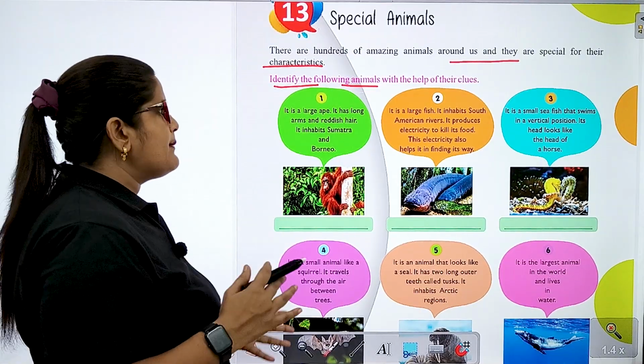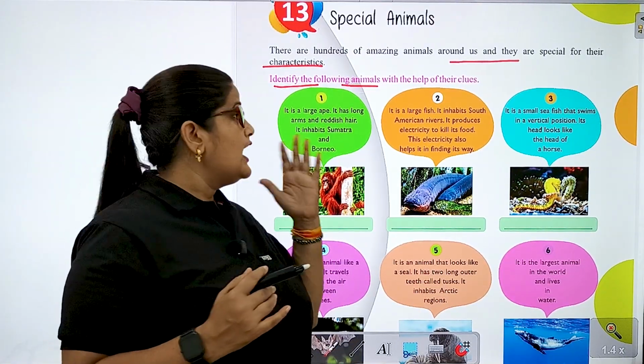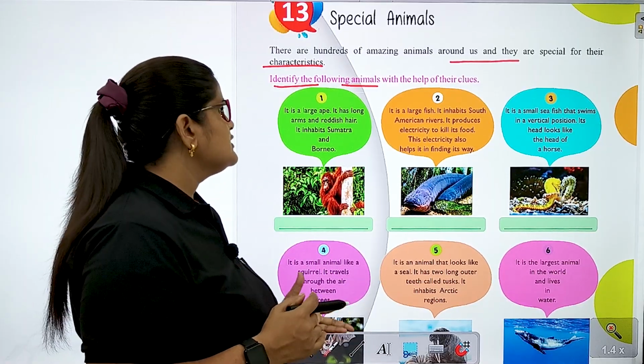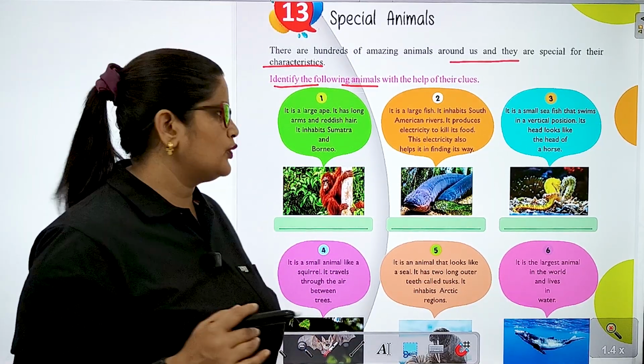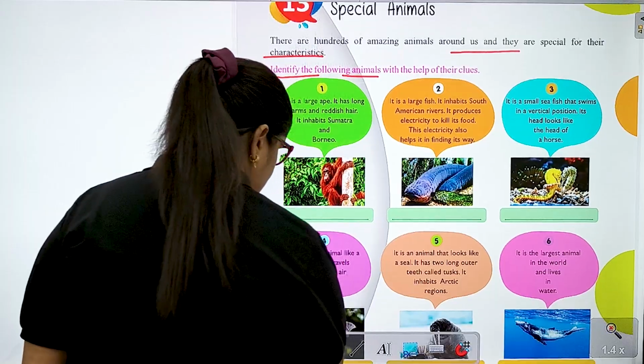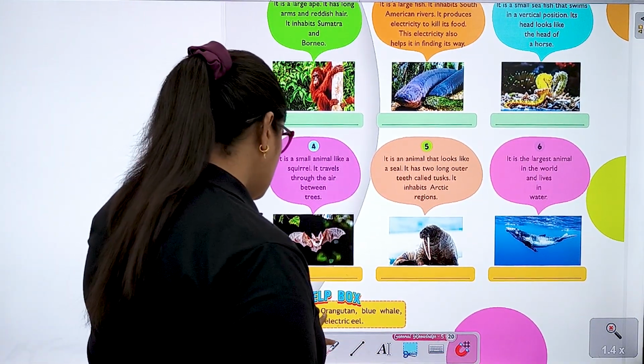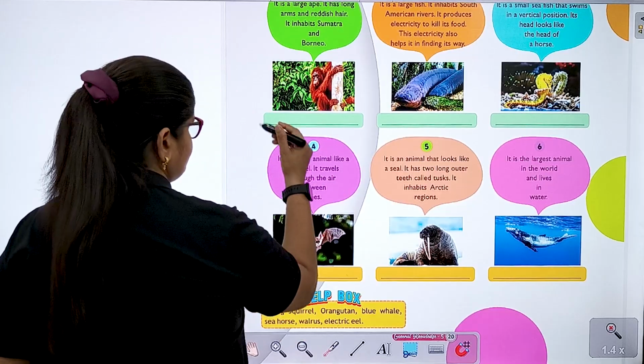It is a large ape. It has long arms and reddish hair. It inhabits Sumatra and Borneo. Which animal is this? This is the orangutan.